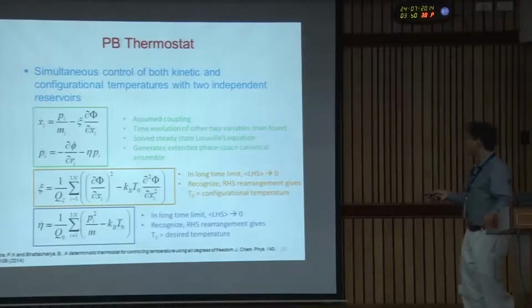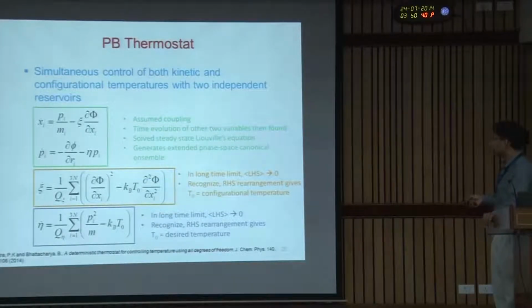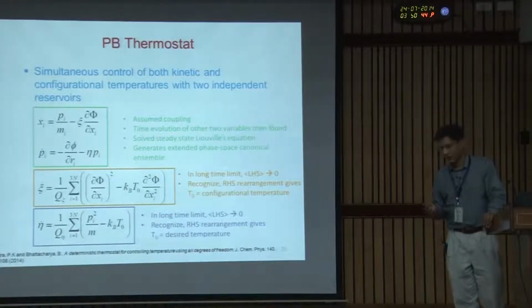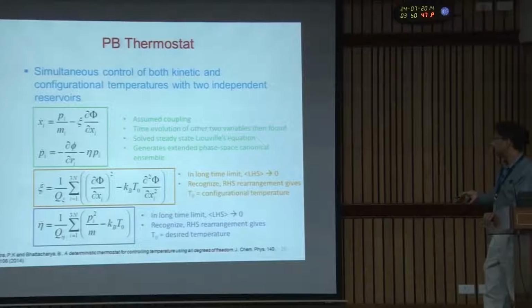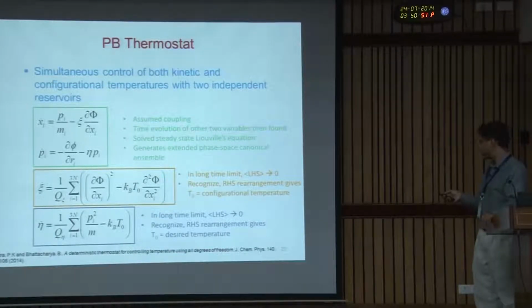Some months back, my student and I started wondering about Rugh's temperature and how we can control it, and it struck us that instead of a chain thermostat, we should have 2 independent thermostats, one to control the kinetics and another to control the configurational part.